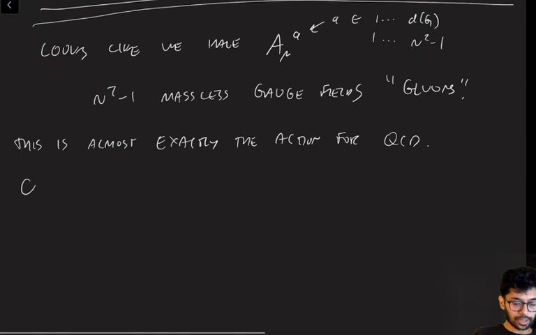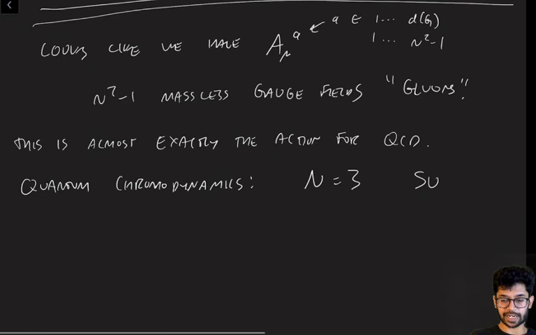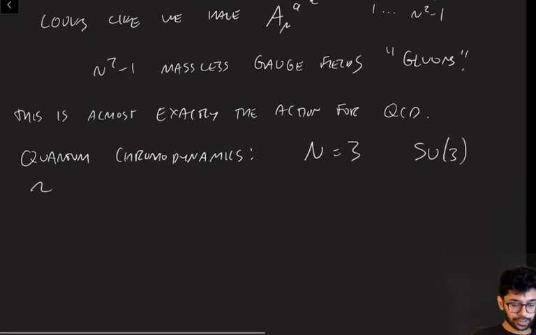In QCD, we have n equals 3, so we're looking at an SU(3) gauge theory. And we have a bunch of fermions, which are called quarks.